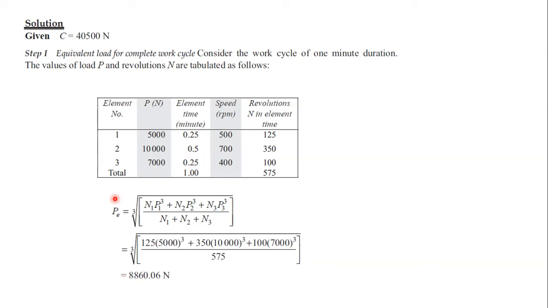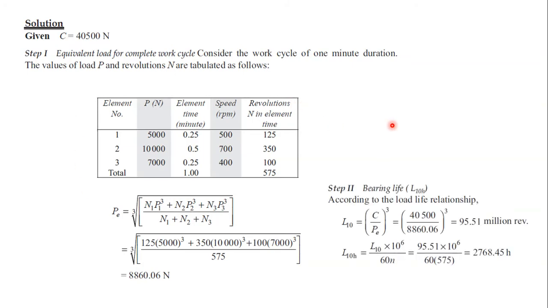So now we have PE, the equivalent load, and we have the dynamic load capacity. From the relation of life, dynamic load capacity and equivalent dynamic load, we can calculate the life of the bearing. Life of bearing L10 is given as C by PE raised to 3.